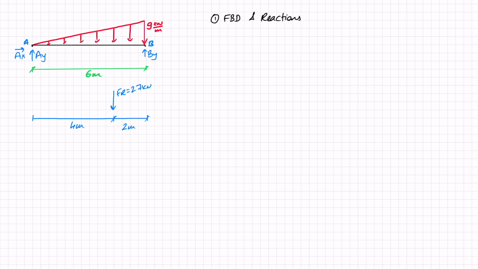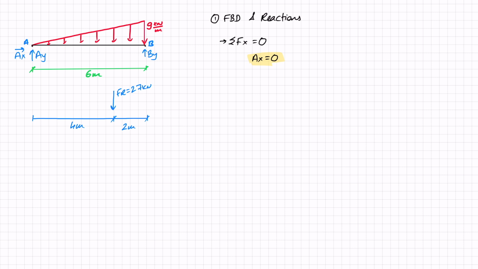I'm going to do this in a very systematic approach, summing all the forces in each direction. I'm going to start off with the forces in X, with this being my positive X direction, and in X I've got AX, but no other reactions or forces, so AX equals 0.